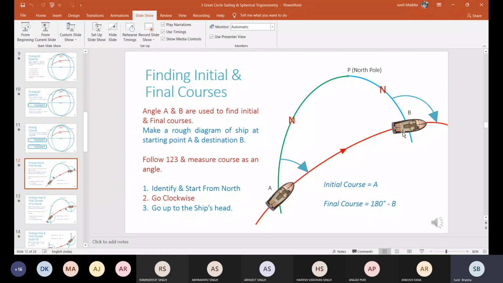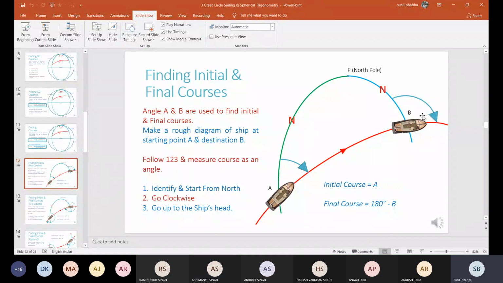Vessel was moving from A to B, and we found out the angle A and angle B of the triangle. And from those angles, we found out our initial and final courses. So any doubt in this, Peter? Any doubt, any query? No, sir.